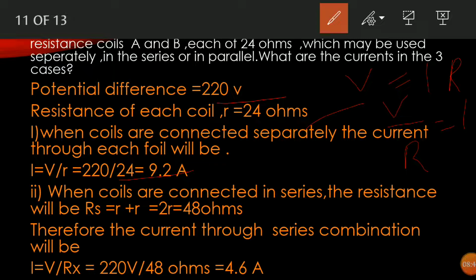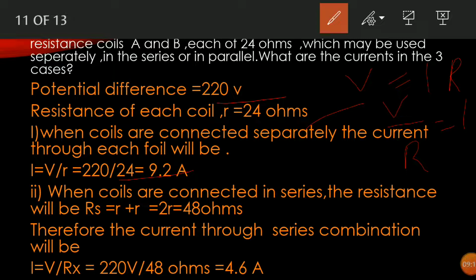And now, case number 2. When the coils are connected in series, what will be their current? Again, from Ohm's law, V is equal to IR, and to calculate the current, V by R. First, we must know the resistance. When the coils are connected in series, the total resistance will be the sum of their individual resistances.